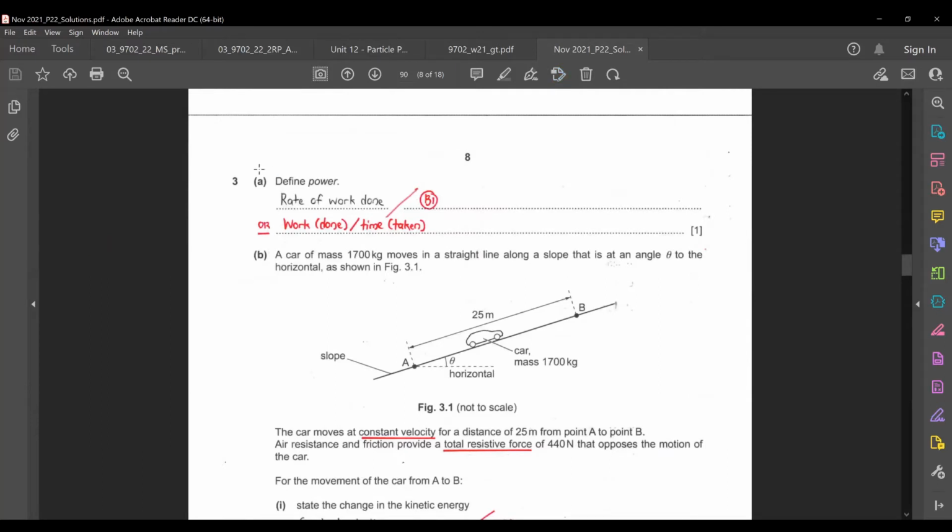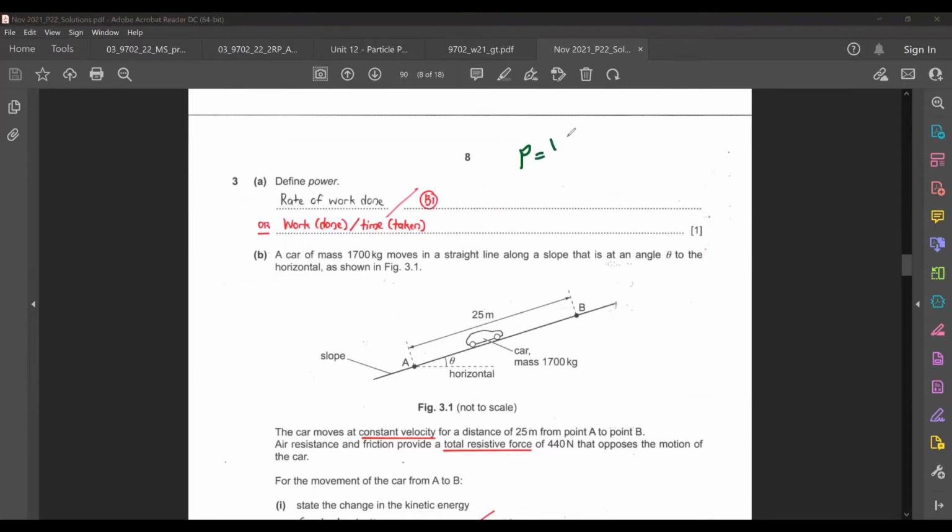Question 3, define power. Power we already know is rate of work done, or work done over time taken. So equation wise we know is this, but be careful not to write it in equation form like this.